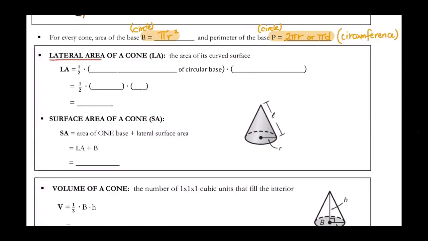The lateral area of a cone is the area of the curved surface. So it's the area of the cone that's not the base. So it's all of this area around the sides. Just like with a pyramid, the lateral area was 1/2 perimeter times slant height. But with a circle, the perimeter is circumference.